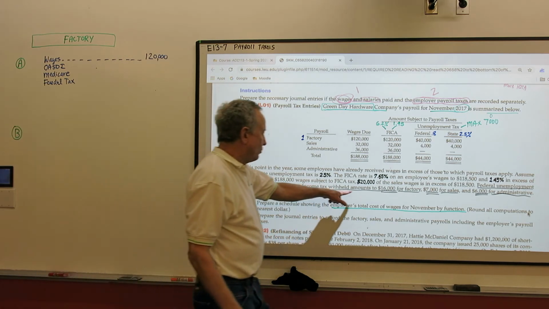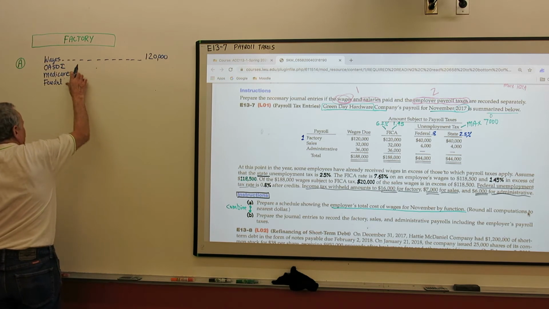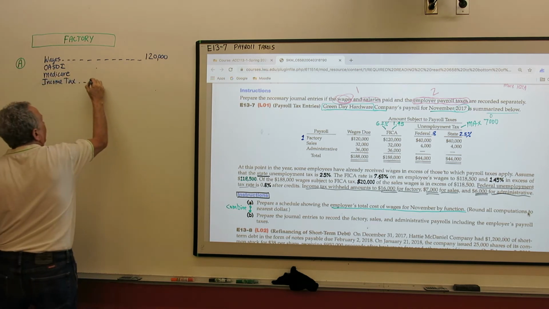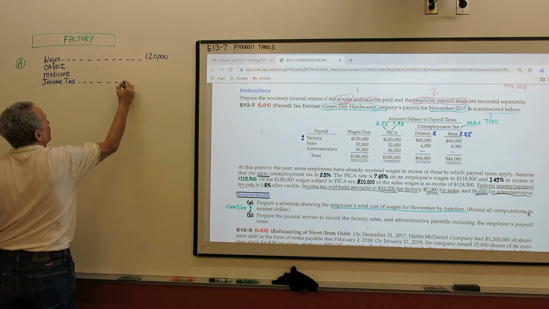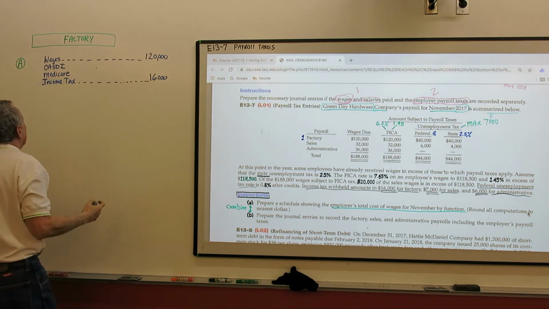Oh, income tax withheld, 16,000 for federal tax. Let's just do away with that and just do income tax. I shouldn't have done that. Income tax. And they just tell us straight out, that's 16,000. Let's just do a summary up here, 16,000.